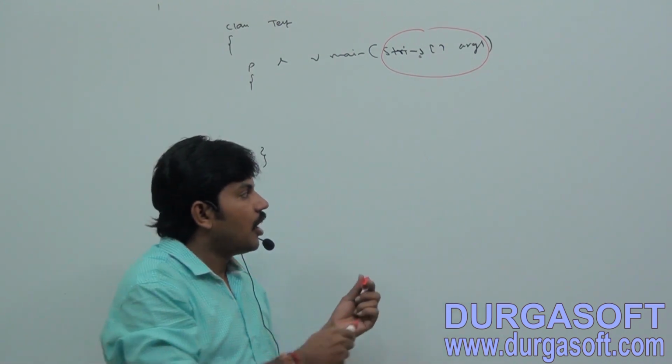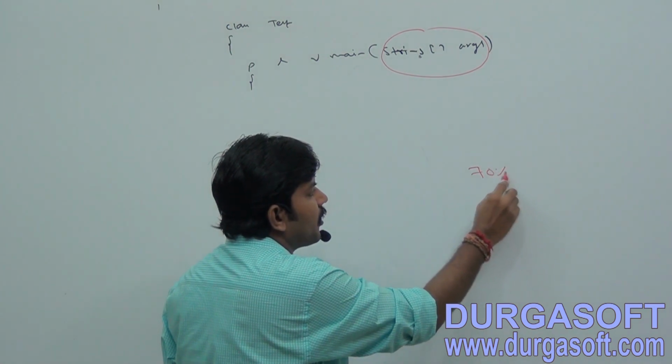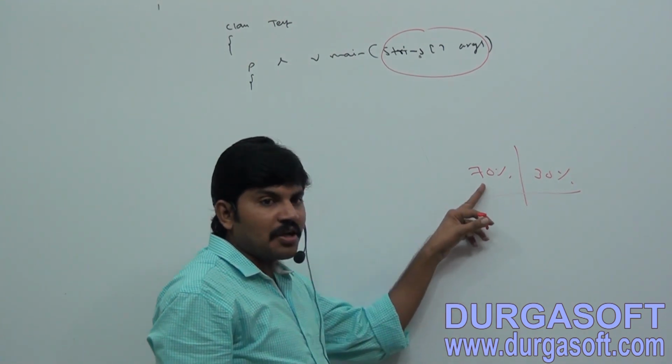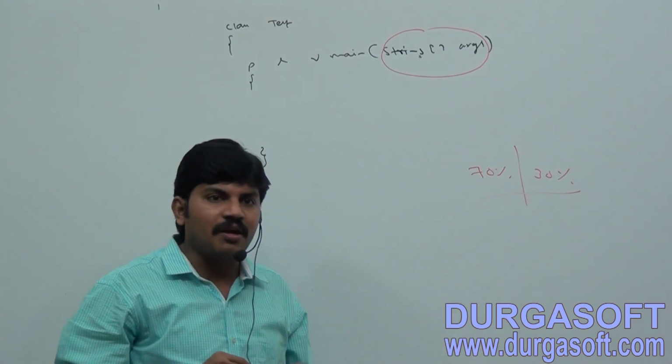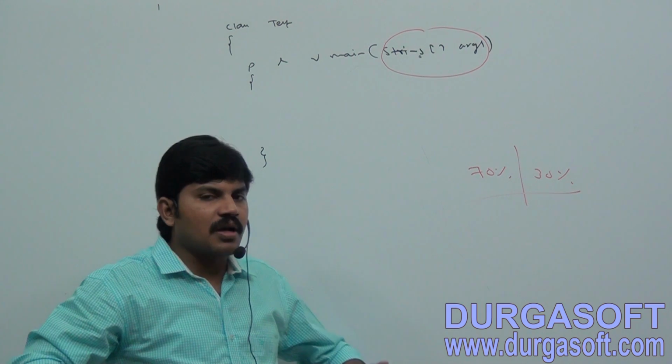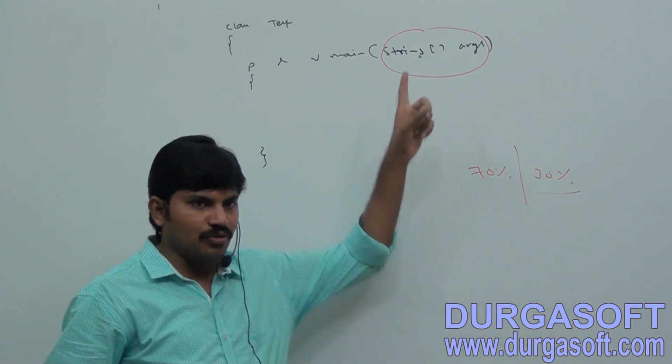If you consider almost 70% string objects, 30% non-string objects. The number of string objects we use is more compared with any other type. That's why the most commonly used type is recommended as the argument.